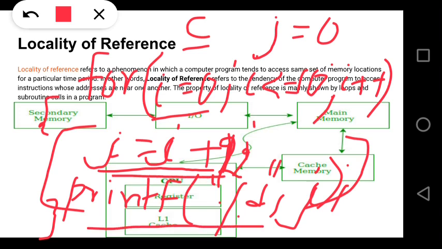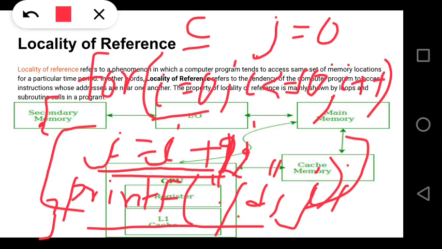Can you guess how many times these two statements have to be executed? The for loop iterates starting from i value 0 to 10, because I said i less than or equal to 10.